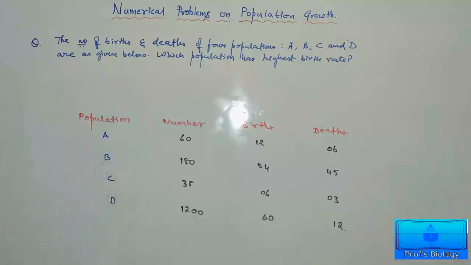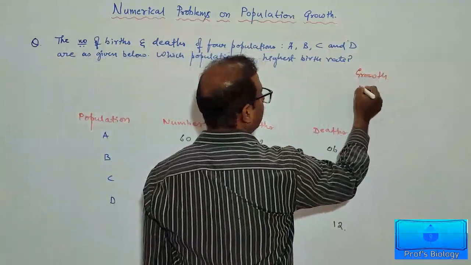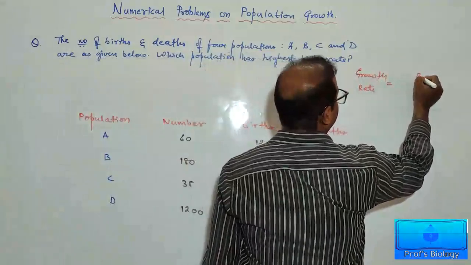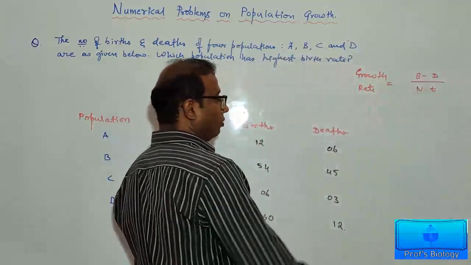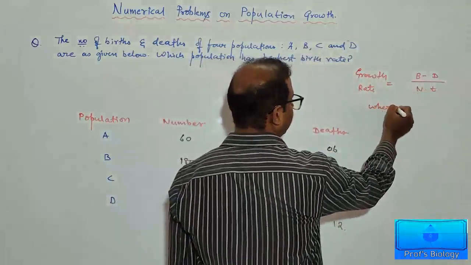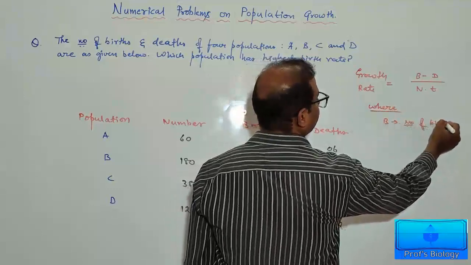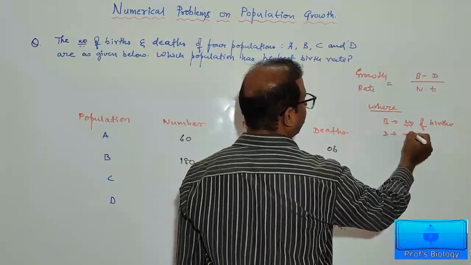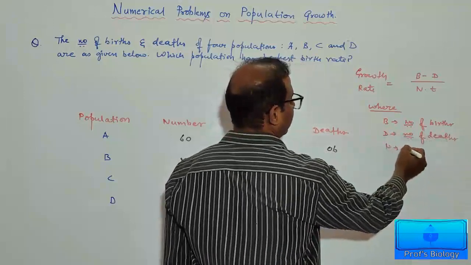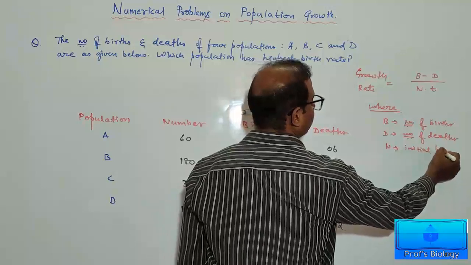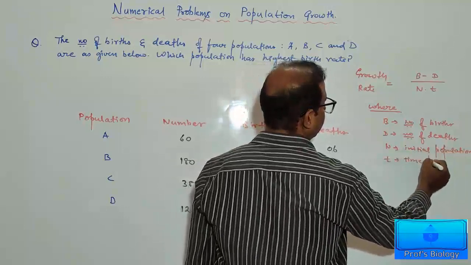Now growth rate is given by the formula B minus D by Nt, where B is number of births, D is number of deaths, N is the initial population, and T is time period.